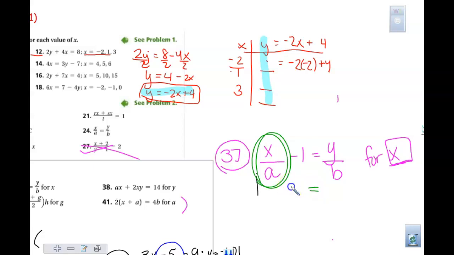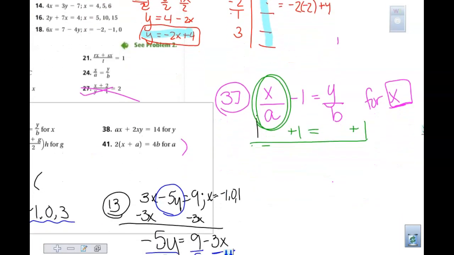Here's your equal sign, add 1 back here. I might not even put it below it, I might put it behind it, because these are not like terms, right? So when you think about your like terms when you are going back to other vocabulary, so this is going to be x divided by a, these cancel, equals y divided by b plus 1.